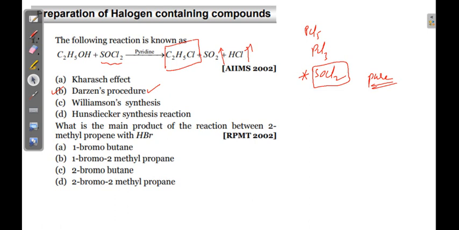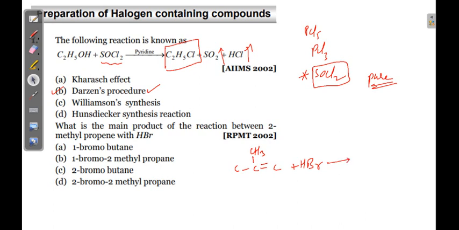Next, what is the main product of the reaction between 2-methylpropene with HBr? In the preparations topic, you can see in the next video, I will explain now. 2-methylpropene: 1, 2, 3, propene, 2-methyl. Obviously here is a double bond, and you are reacting with HBr. In alkene, which type of reaction takes place?